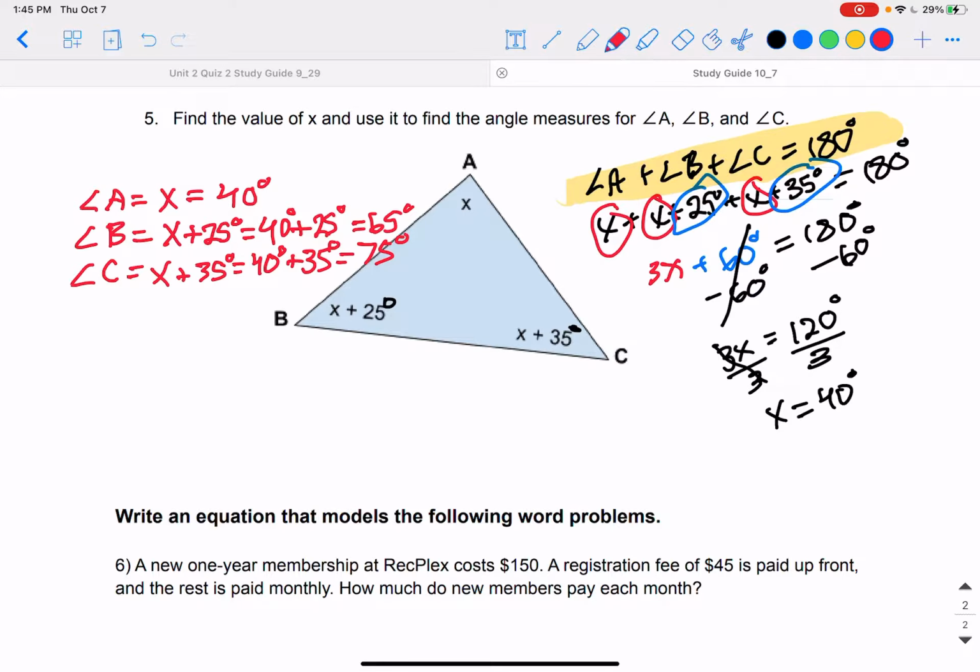So in order to check that we did our work right, we will add up what we said A, B, and C were, which was 40, 65, and 75. To double check, make sure that 40 plus 65 plus 75 equals 180. And it does, so you know that you did it right.